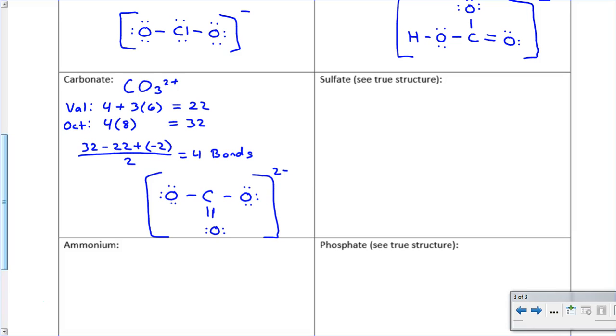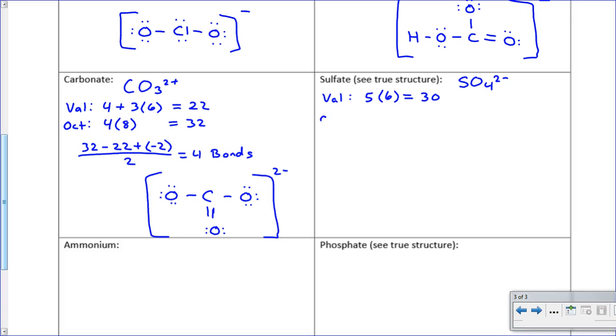All right, sulfate is SO4 2 minus. So for our valence, sulfur and oxygen both have 6 valence electrons. So there are 5 atoms, each of them has 6 valence electrons, and that gives us 30.